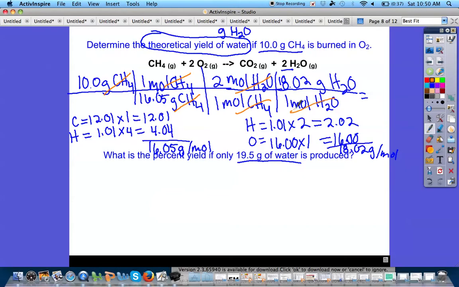Then we're going to divide that by 16.05. And I got a mass of 22.445 grams of H2O. So this is our theoretical yield that we just calculated right here.